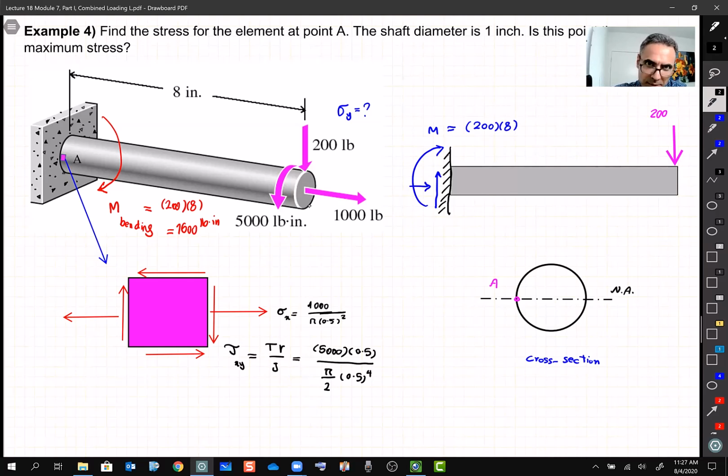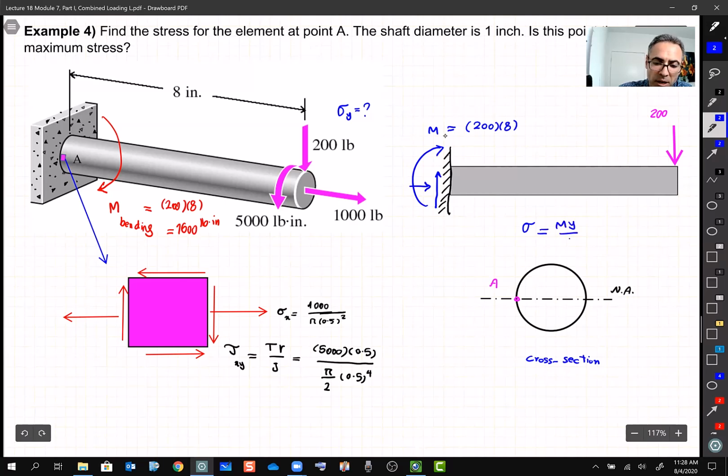So let's review it one more time. This is our cross section. This is point A. This 200 creates a moment M, and we learned that when we have a moment, we have a stress, which is My divided by I. I is about the neutral axis, and the neutral axis is about the centroid, point C, at the center here. So with this knowledge, what is sigma A? Can somebody tell me?